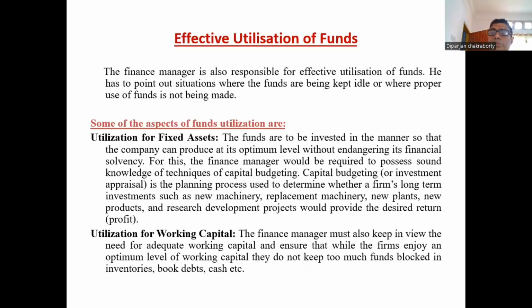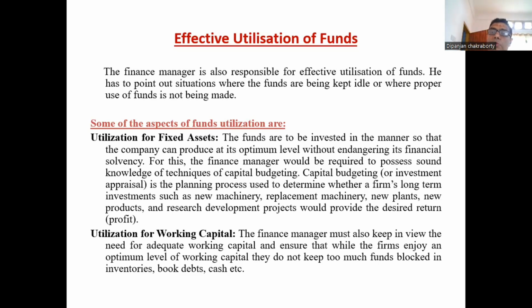The next aspect of financial management. The first aspect we have discussed is procurement of funds, then comes effective utilization of funds, because in the definition itself, financial management covers two things: procurement of funds and effective utilization of funds.